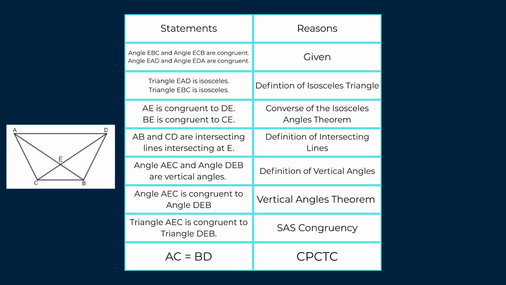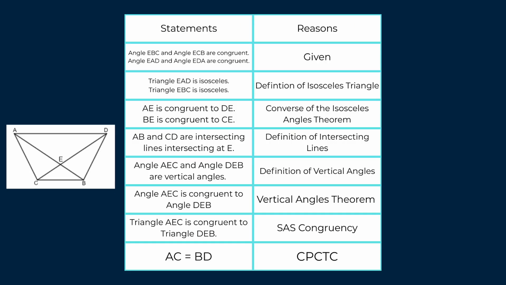If you have angle EBC and angle ECB are congruent, and angle EAD and angle EDA are congruent by the given, what can you say about those triangles? Well, you might want to start first by naming these triangles. Triangle EAD is isosceles because it has two angles that are congruent.